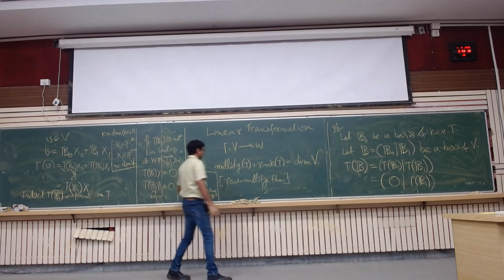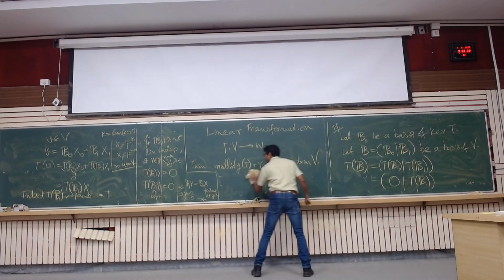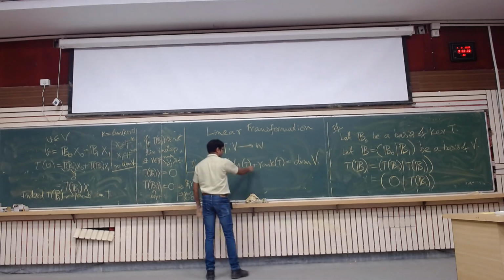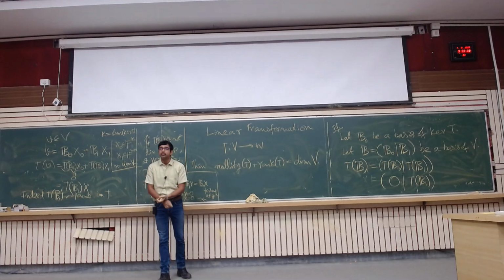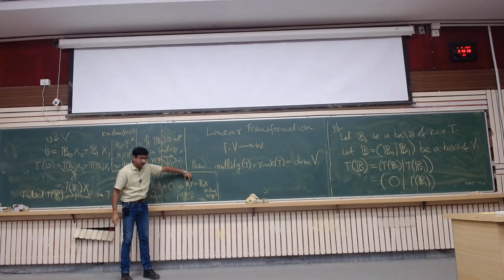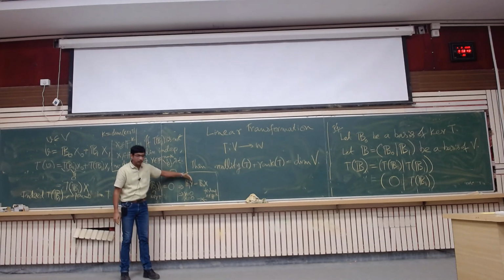So now this is rather simple then. What is B1 y? It's the linear combination of the elements of B1. What is B0 x? A linear combination of the elements of B0, and they are equal. That means if you take this to this side, you are getting a linear combination of the elements of B0 and B1.